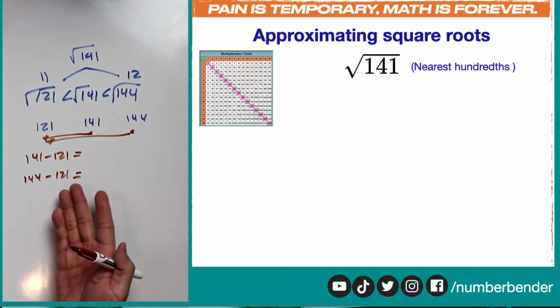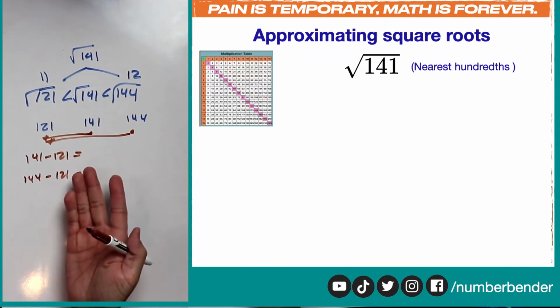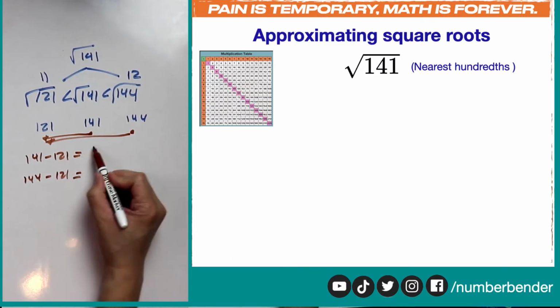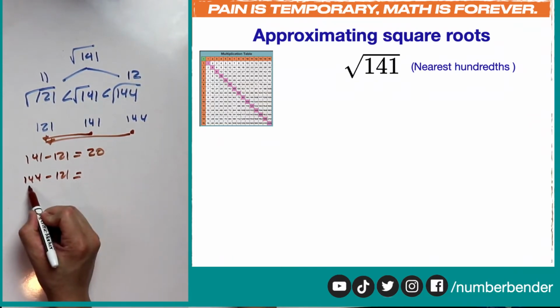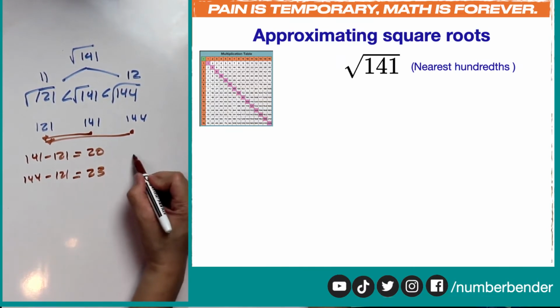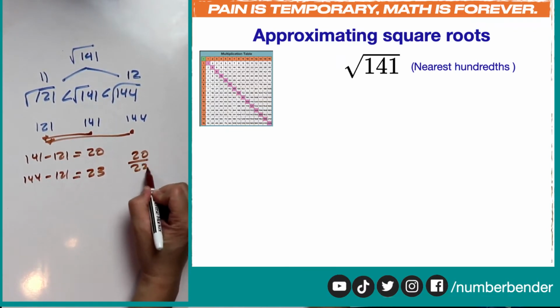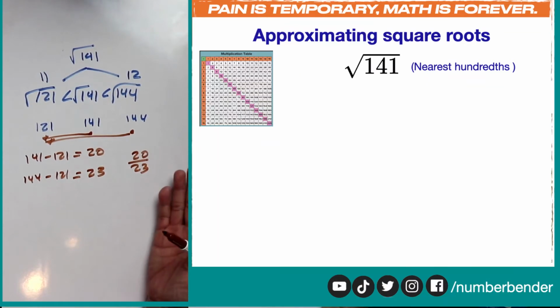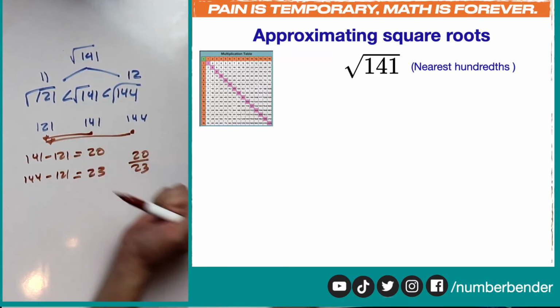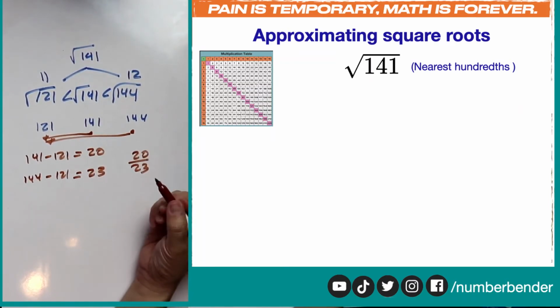The difference of 141 minus 121 is 20, and 144 minus 121 is 23, and now we have 20 over 23 as an estimated value for our decimal places in between 11 and 12 for our square root.